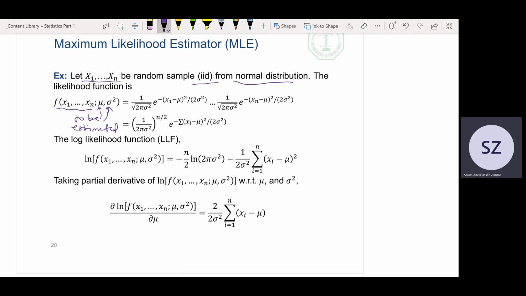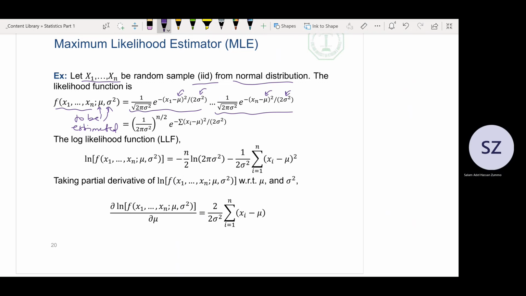We write the joint PDF of these x's. What is the joint PDF of IID normally distributed random variables? Gaussian. However, we have IID, so the joint distribution is the first PDF, Gaussian with mu and variance sigma square, multiplied by another similar one with x2, and so on until the last one with xn, with the same parameters mu and sigma square.